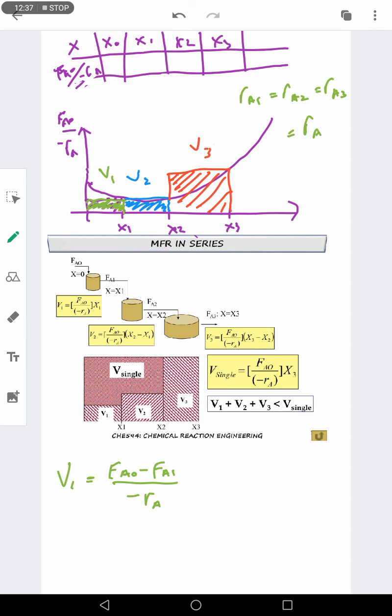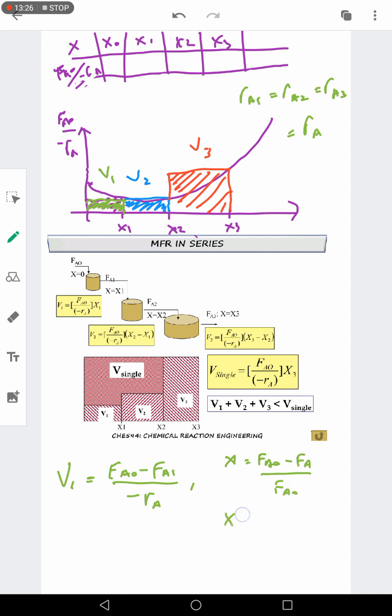If you still remember, because conversion X is FA0 minus FA divided by FA0.